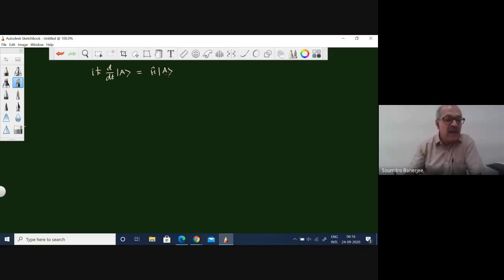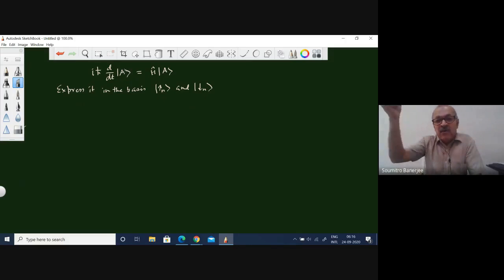In order to solve this, we'll have to express it in a convenient basis, so we express it in the basis up and down. The way we do it is that there is an initial wave function. If you recall, the psi had an initial value.